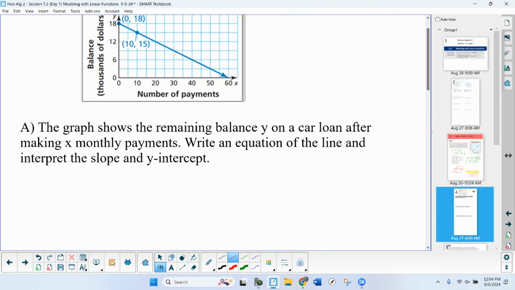Well, once again, I need how many points to write an equation? 2. What are the 2 points they gave you? Use the points they gave you. 0, 18, and 10, 15. Okay? Help me write my equation. Jack, what are you going to do first?